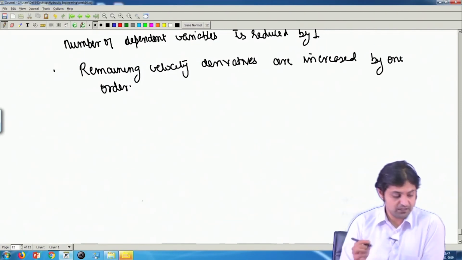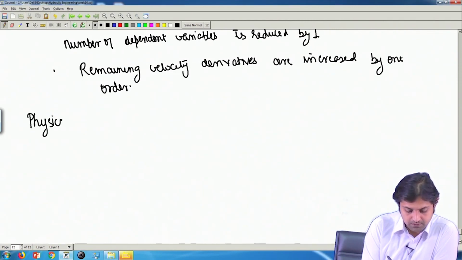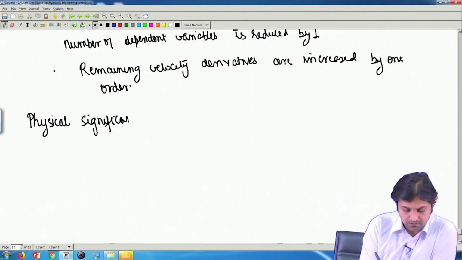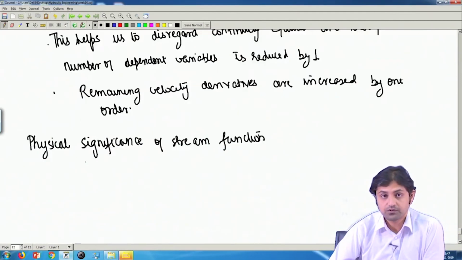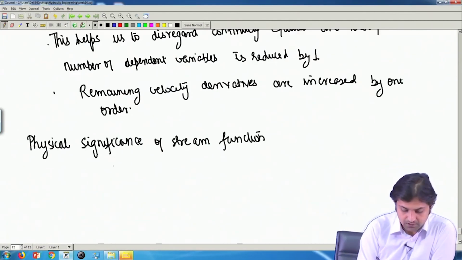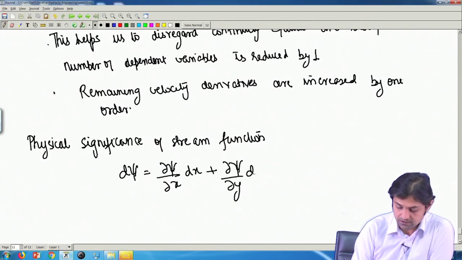Now what is the physical significance of stream function? So to look at it, if you see, d psi can be written as del psi by del x into dx plus del psi by del y into dy.